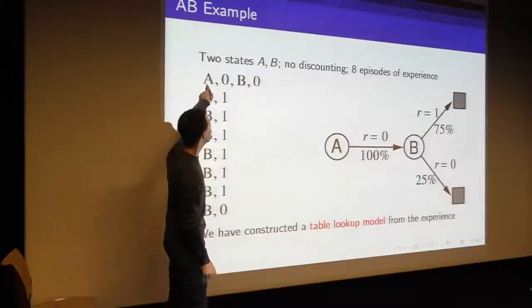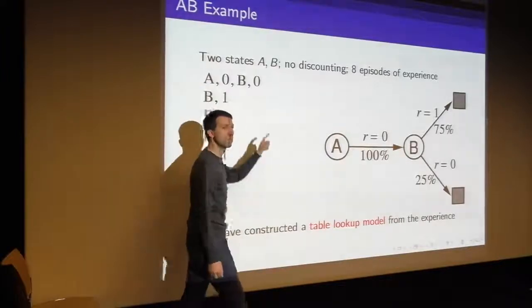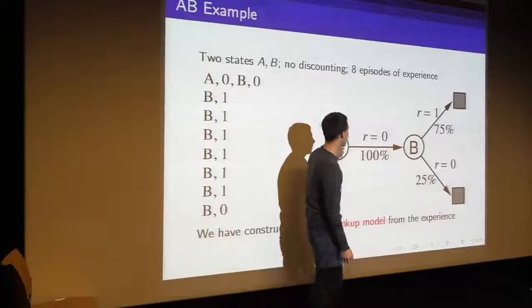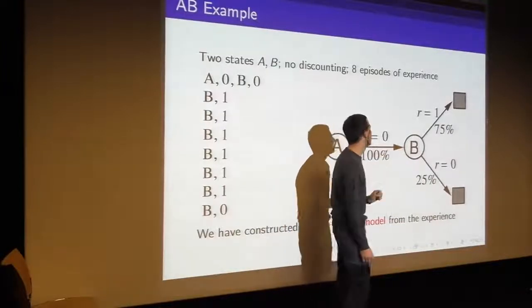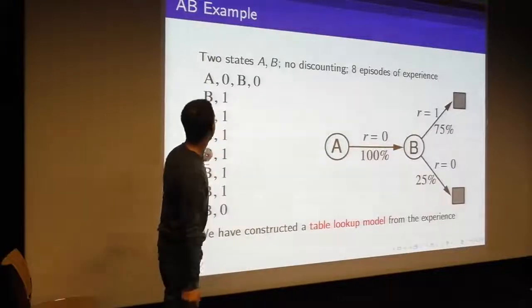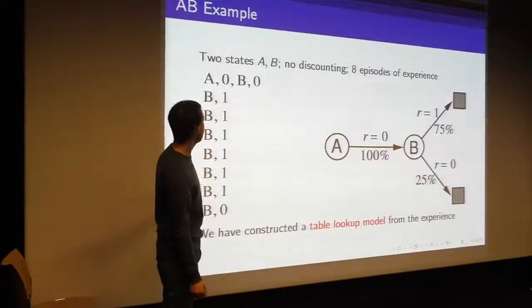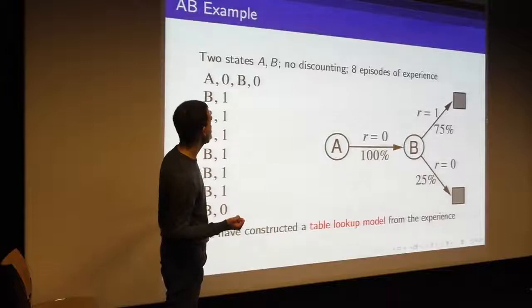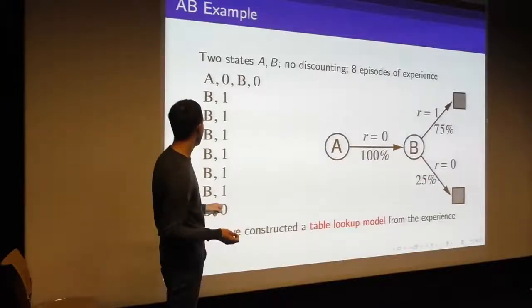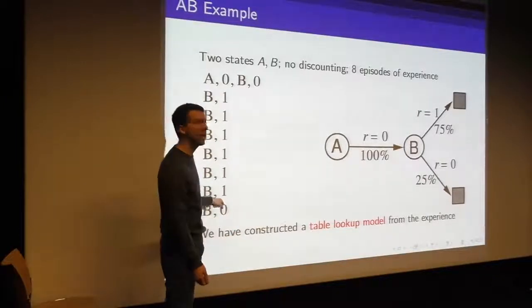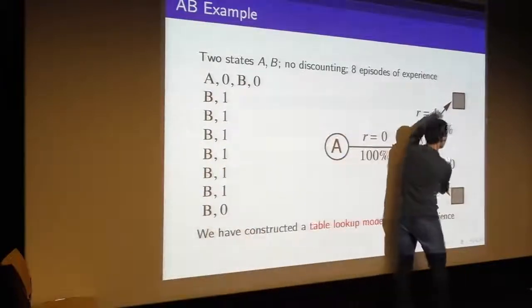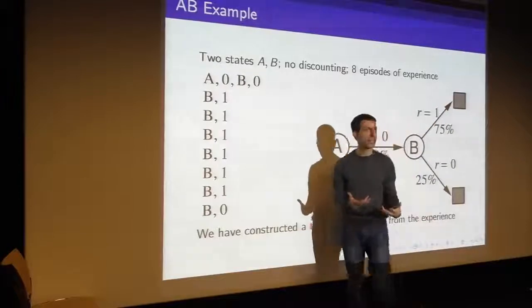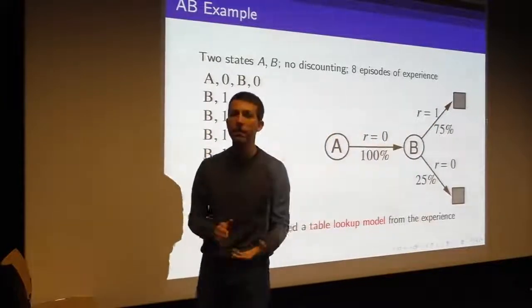Every time I was in A, I transitioned to B. So I can make this transition to say 100% of the time I transition from A to B. And I can count that from B, on 6 out of 8 of my occasions, I transition to the terminal state with a reward of 1. And on 2 out of 8 occasions, I transition to the terminal state with a reward of 0. So that gives me these two arcs here. It's just counting. That's all that's required to make a table lookup model.